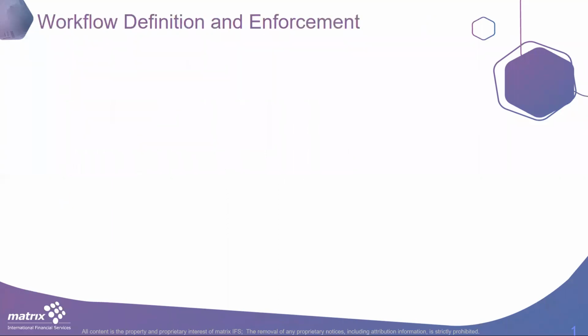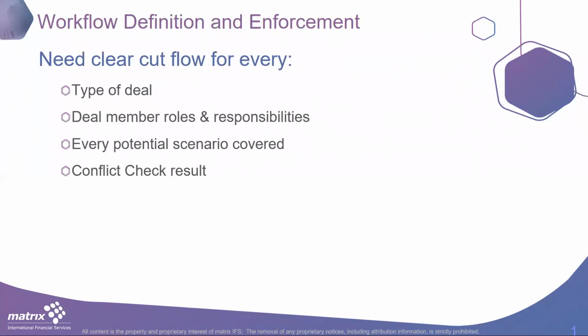So first one is workflow definition and enforcement. As we've seen at different projects that we've done on this, you need a very clear-cut flow for every type of deal, deal member, every scenario, and conflict check results, meaning that there are a lot of dimensions here, right?